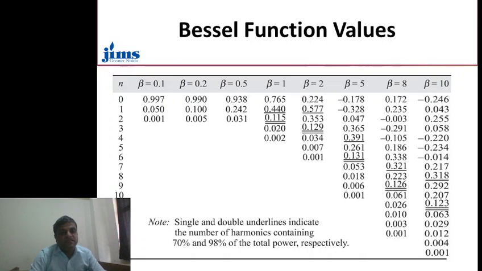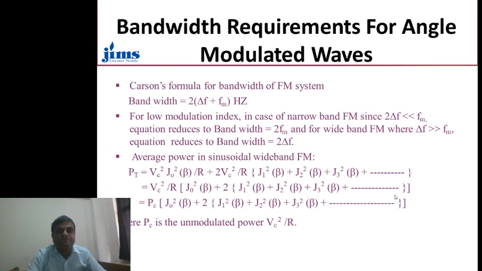The single and double underlines in this table indicate the number of harmonics containing 70% and 98% of the total power. So here they discuss this 70% and 98% of the total power.